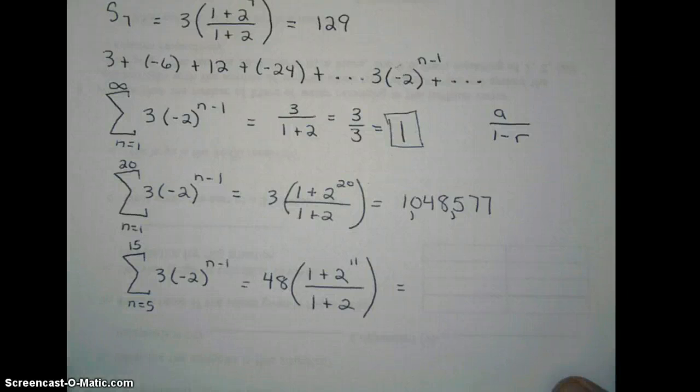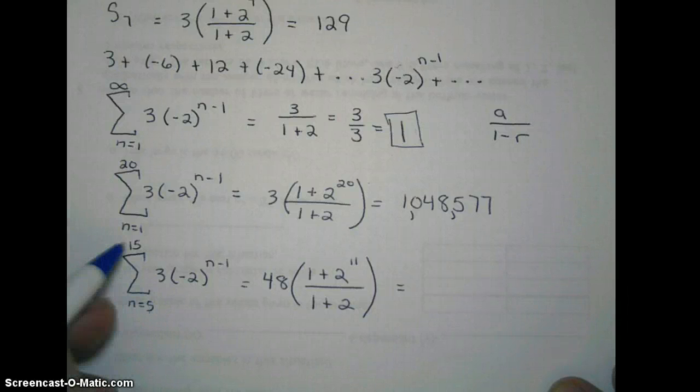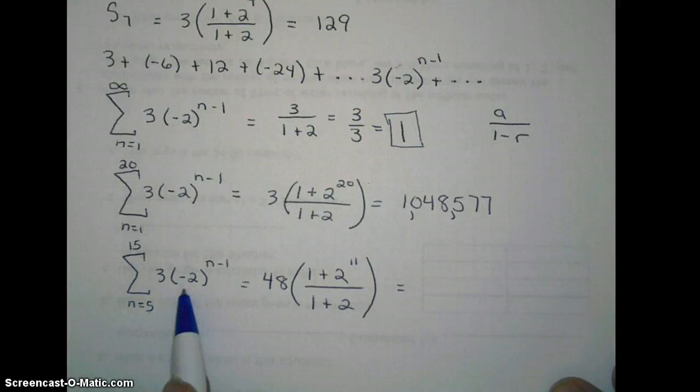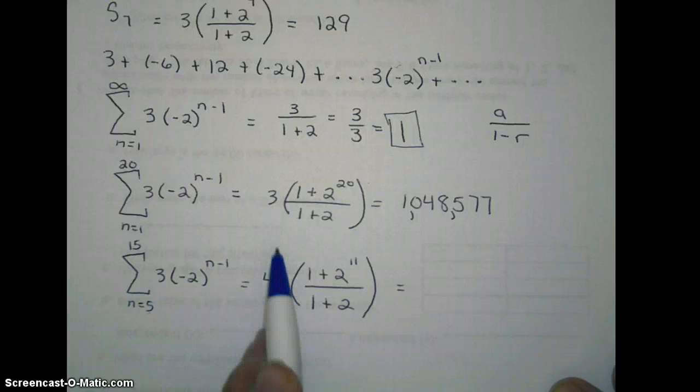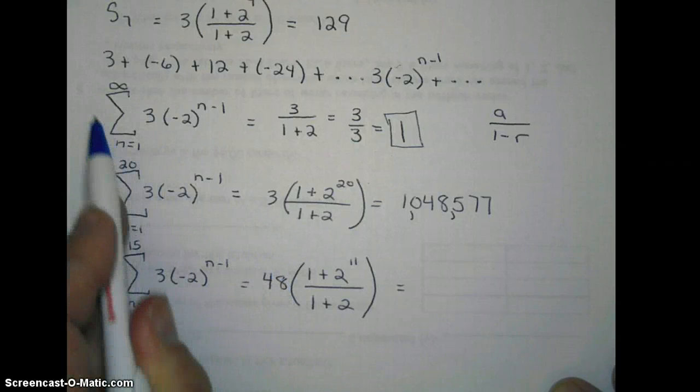Okay, what if we don't start at 1? What if we start at 5, and we want to sum the series from the 5th term to the 15th term? Well, here's our rule. First thing we have to do is find our first term. Well, our first term is not going to be 3, because that's a sub 1.